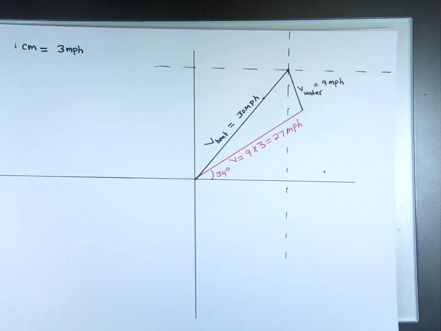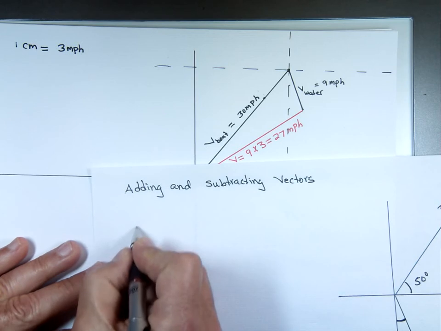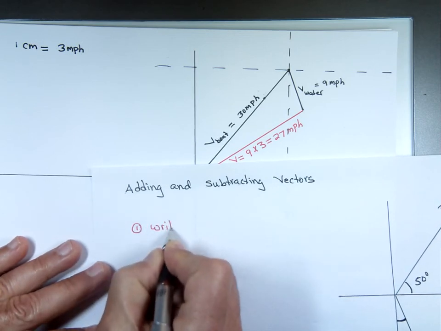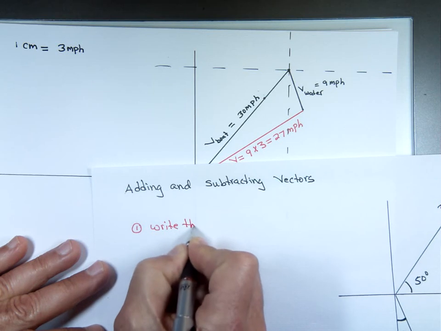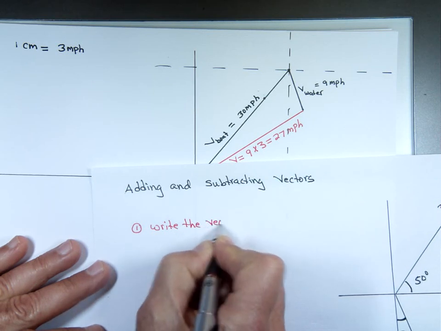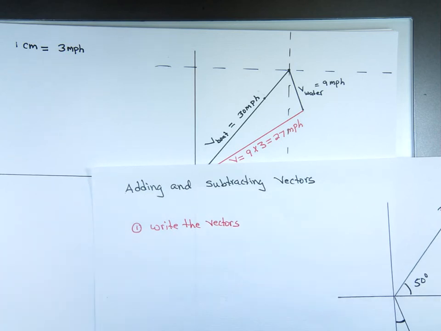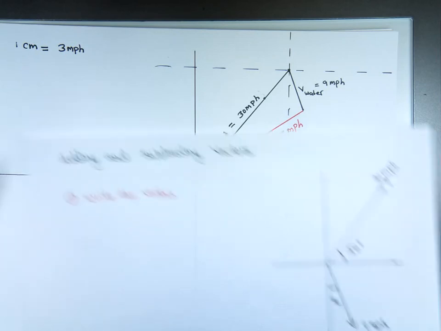There are 3 steps that I use mathematically to find where we're going. Step number 1 is write the vectors. That's the first step. When I say write the vectors, what do I mean by that?